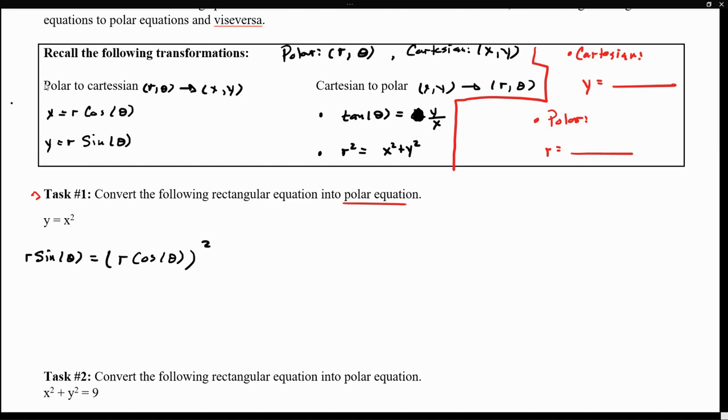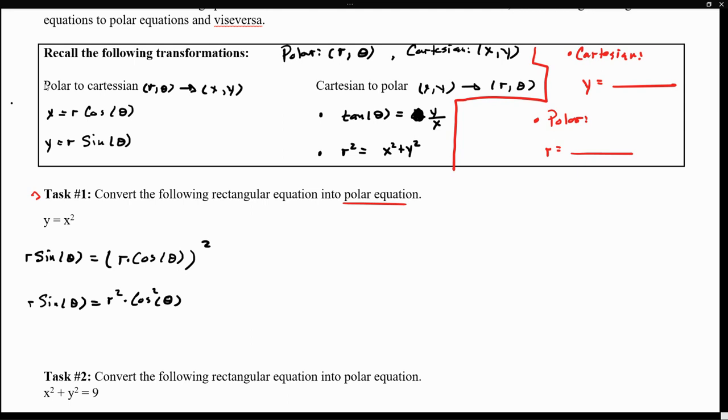So now our objective is to properly write it in standard form, in the form of r equals some expression. So how do we do that? Well, first notice that the right-hand side still has an exponent of 2. So let's expand that. You have an expression all to the second. Remember that r is multiplying cosine, so this is equivalent to r squared times cosine squared.